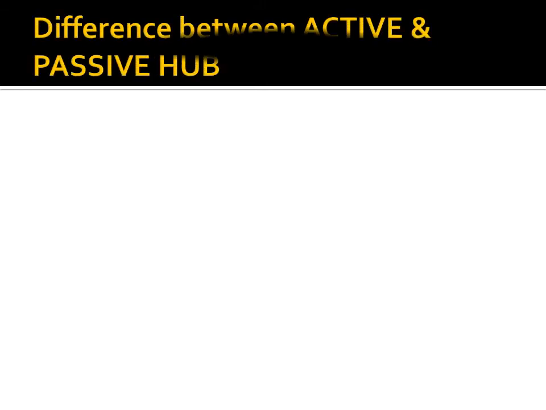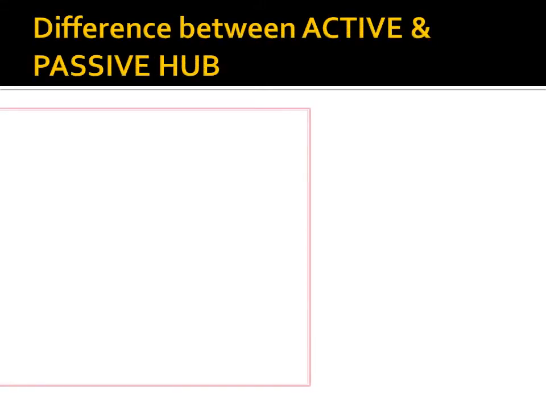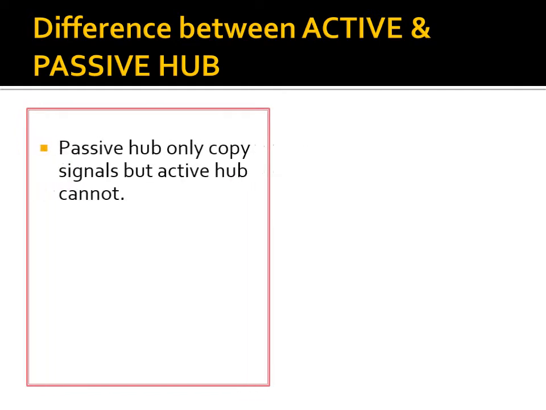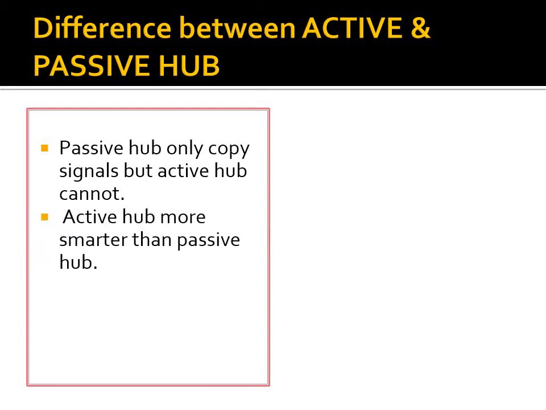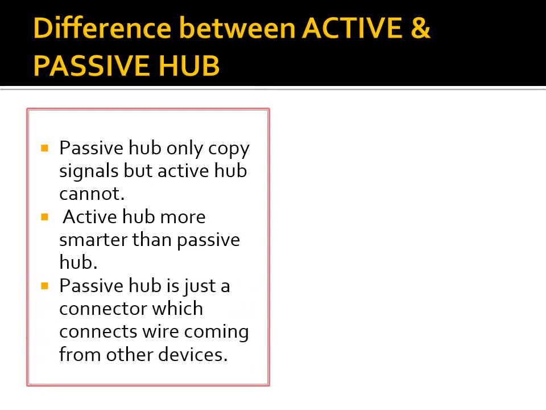The difference between the active and passive hub: a passive hub only copies the signals from one source to destinations, while an active hub does not only copy, it amplifies also. An active hub is much smarter than a passive hub. A passive hub is just a connector; you just connect wires coming from other devices and it passes the signals only.